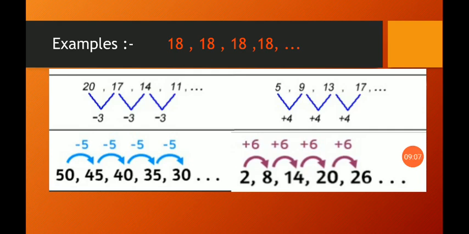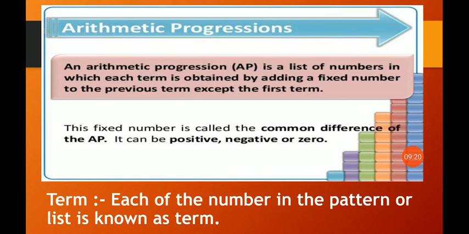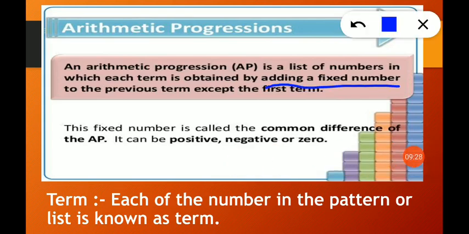Remember students, we can only add. We cannot multiply, we cannot divide while making an AP, because that is not the definition of AP. According to the definition of AP, it is a list of numbers in which each term is obtained by adding a fixed number to the previous term.